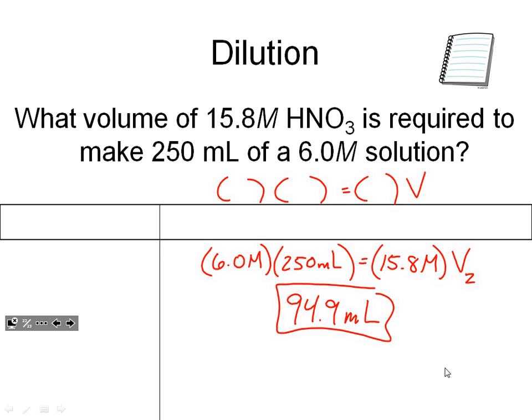So you need about 94.9 milliliters. Again, what would be the rest of it? You make a 250 milliliter solution. The rest of that volume is water. Distilled water, purified water, something like that.